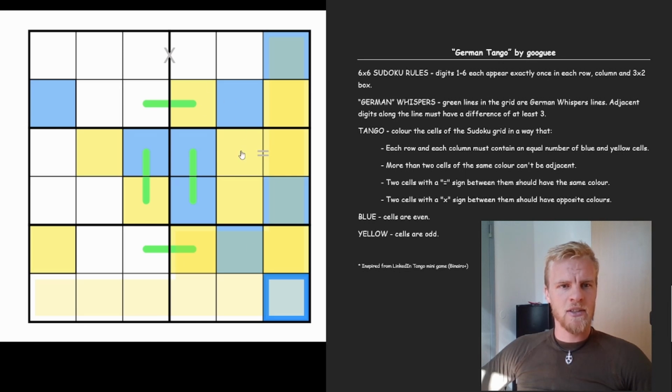And these 2 rows it's equal, but in this row we are also missing blue, giving us 2 yellows in here. So this needs to be blue and this needs to be blue. Now we need to have 2 blues in that row. 2 blues give us a yellow.